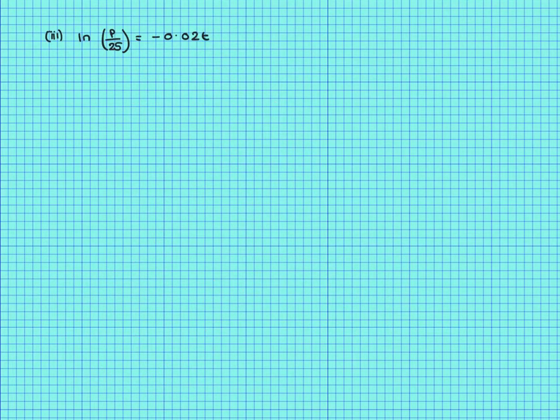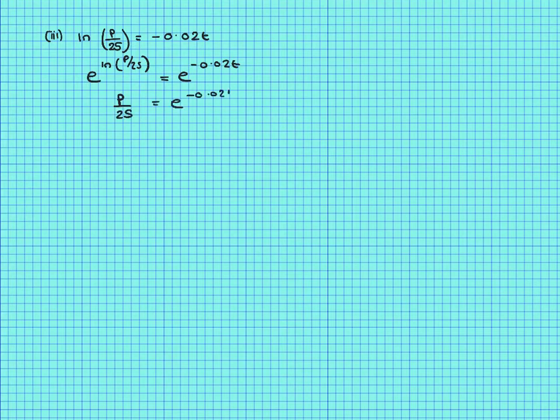Part 3, we have to make p the subject of this result here. So first step is to take e to the power of both sides. On the left-hand side, the e to the power of ln p over 25 will cancel in a minute. On the right-hand side, e to the negative 0.02t. Now on the left-hand side, we will simply end up with p over 25.